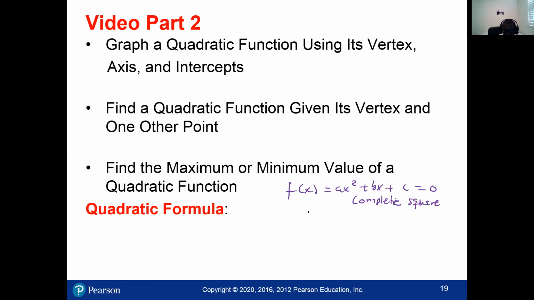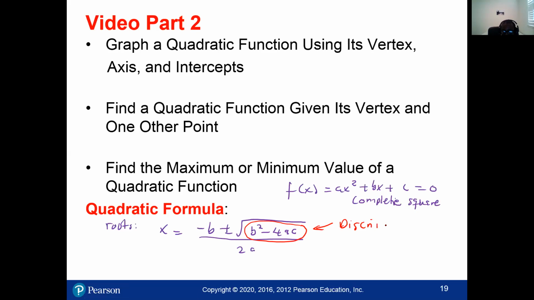So the roots or the solutions are x is equal to minus b plus or minus the square root of b squared minus 4ac, all divided by 2a. Now, what is under the radical sign? We give it a special name. We call it the discriminant.